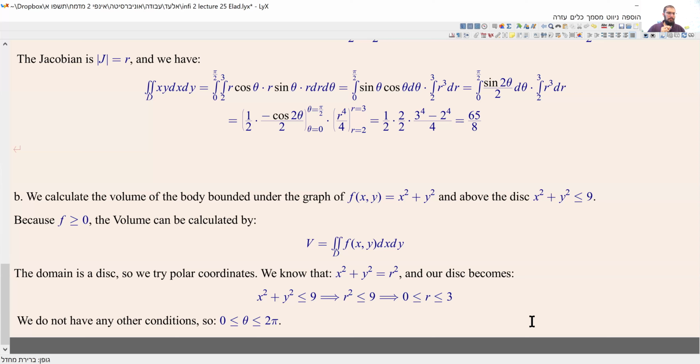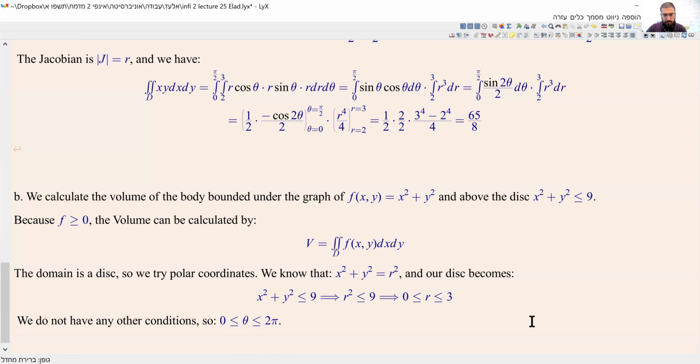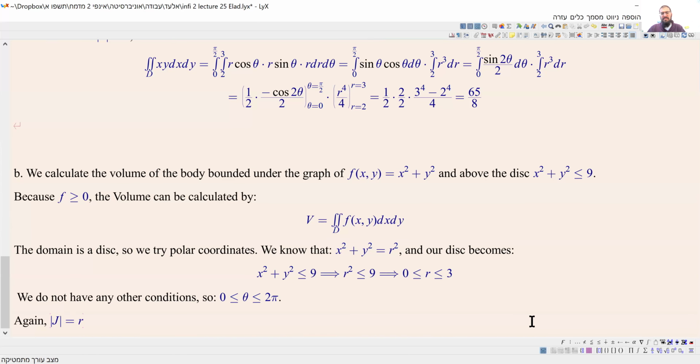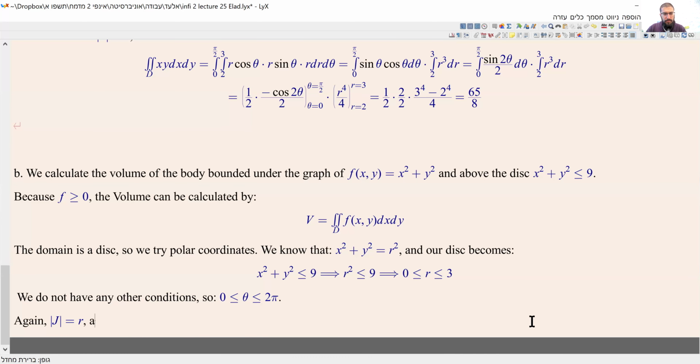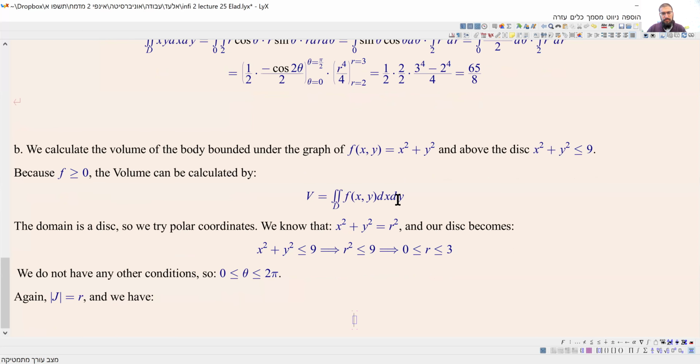And again, the absolute value of the Jacobian is r. We have the integral here. The function is x squared plus y squared.